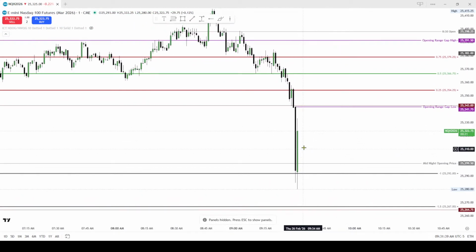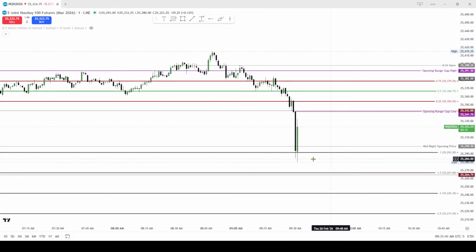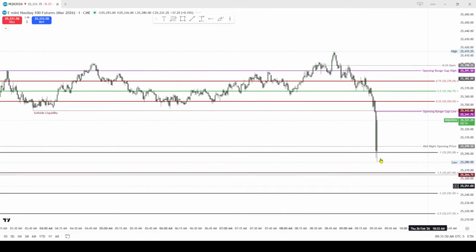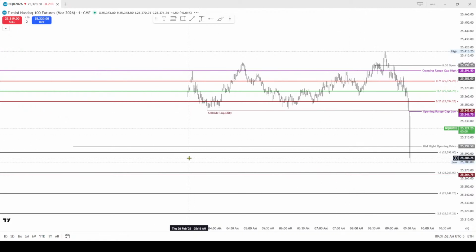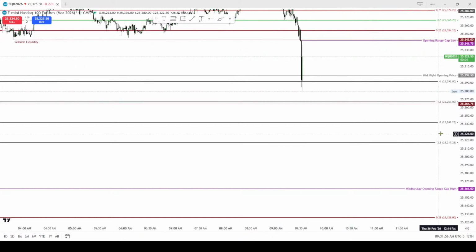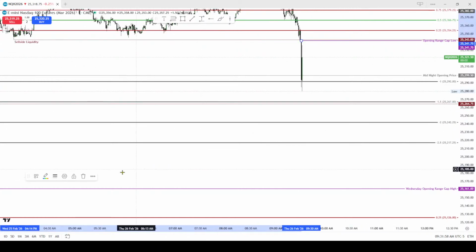So we trade into the standard deviation of the first presented fair value gap, of the opening range gap, sorry, right here. And also inside of the higher time frame fair value gap. So let's see if price would continue lower to the downside or not.